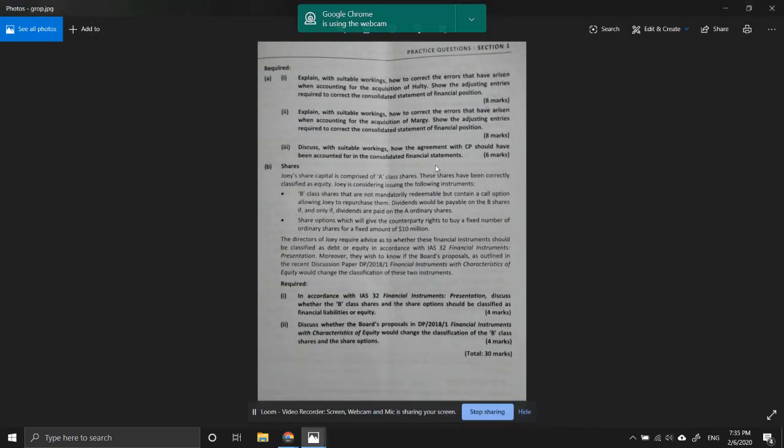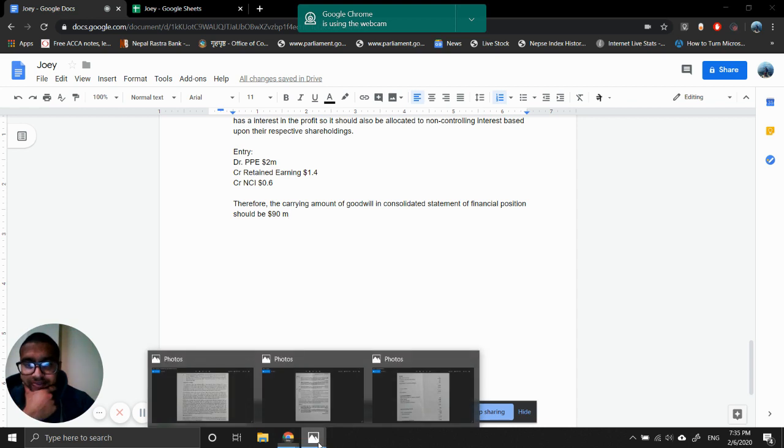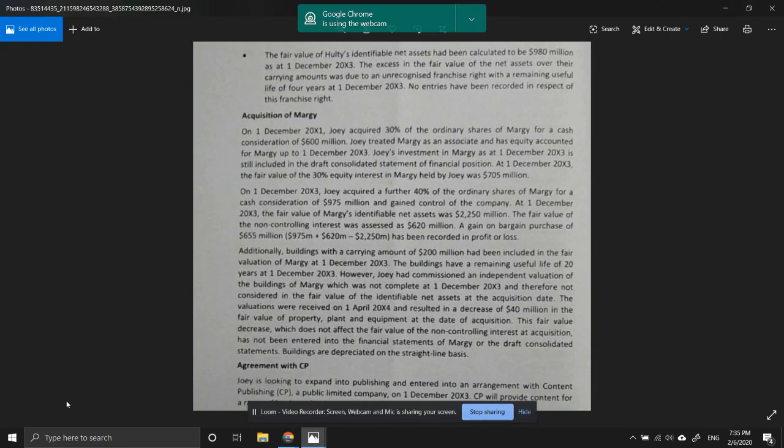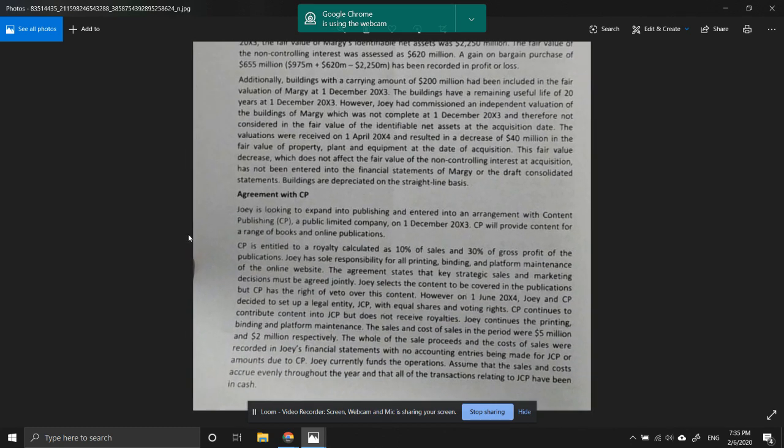Discuss with suitable calculation how the agreement with CP should have been accounted for in consolidated financial statement. 6 marks, right? Okay. So what have we done with CP? Okay. So Zoe is looking to expand into publishing and entered into an arrangement with Content Publishing, CP, a public limited company, on 1st December 20x3. CP will provide content for a range of books and online publications.